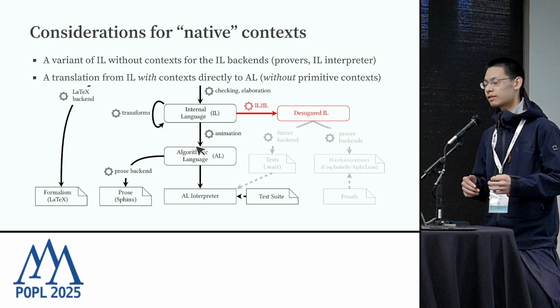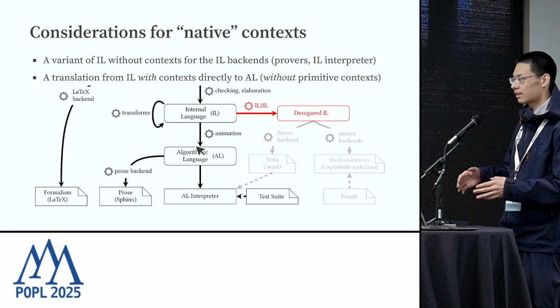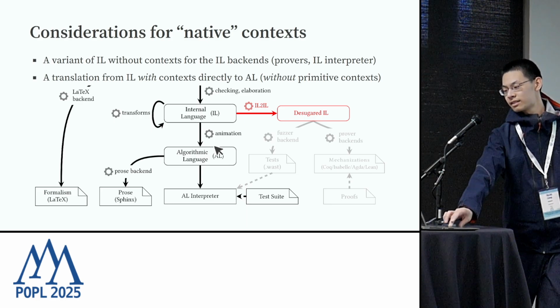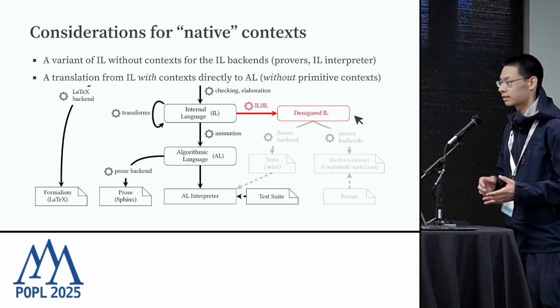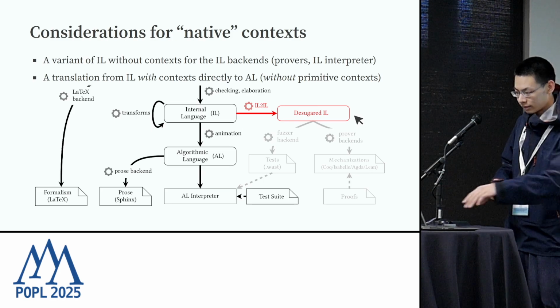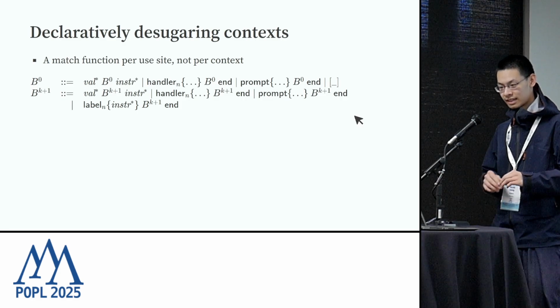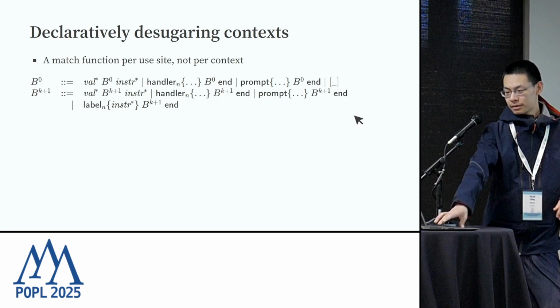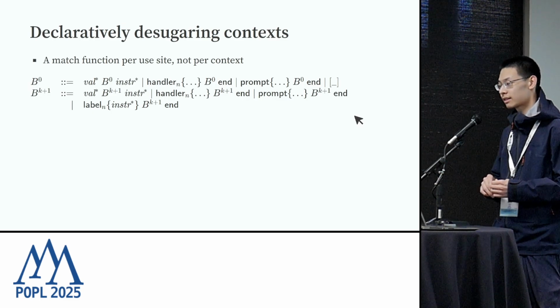So we might want context to be processed before the code enters the other backends. So we want an IL variant without context. And the design that I'm currently pursuing is to generate a match function for each use site of the context.